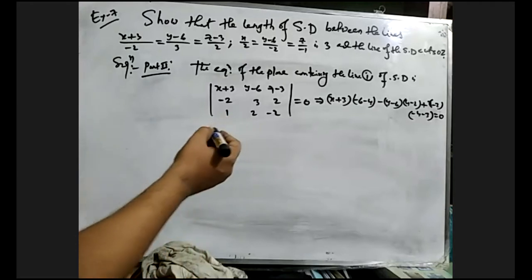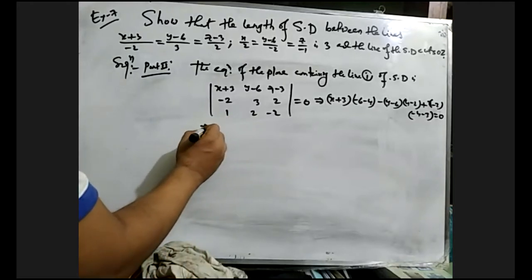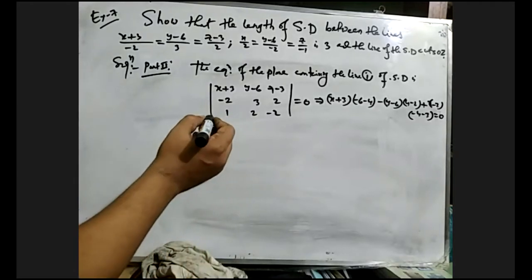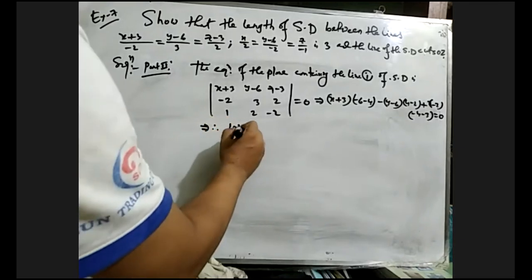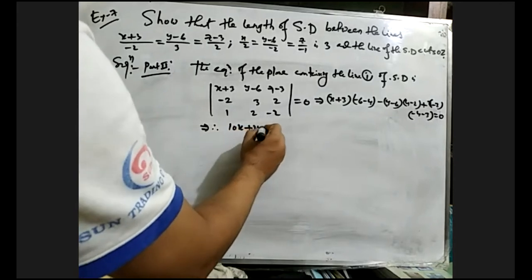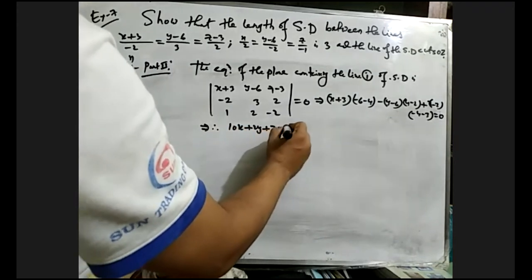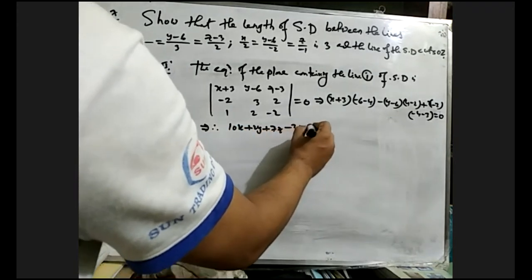So after simplification, we get the equation of the plane containing line 1 of the shortest distance, given by 10x plus twice y plus 7z minus 3 equals 0.